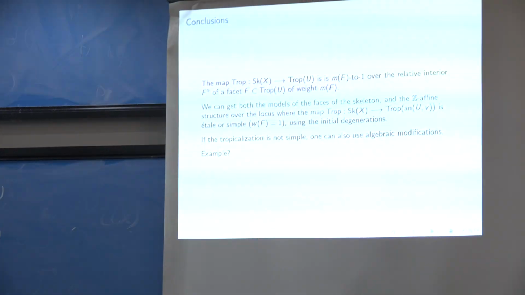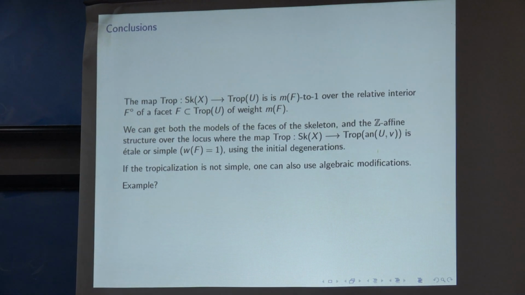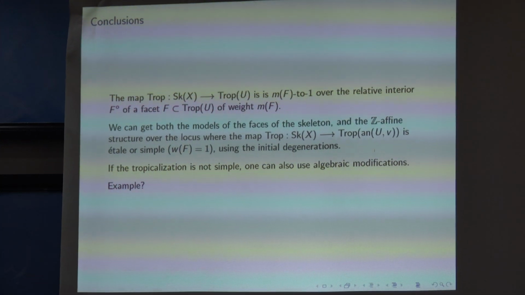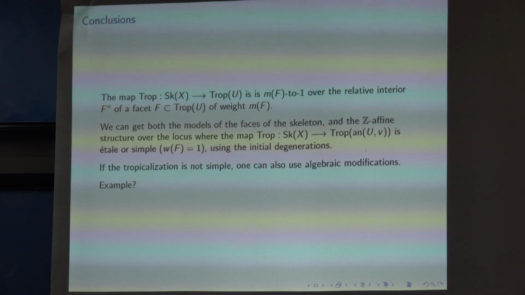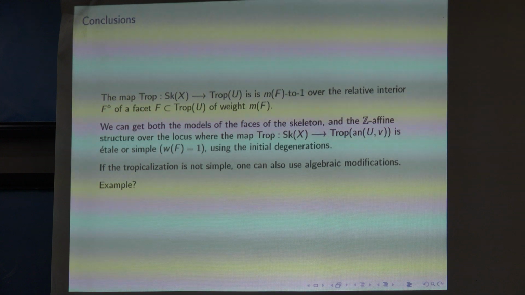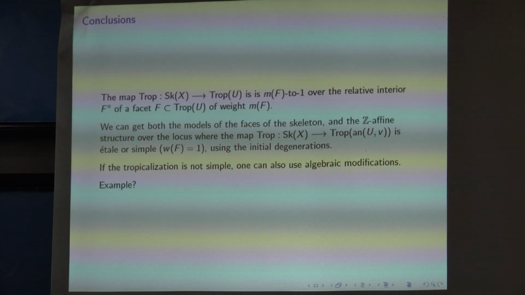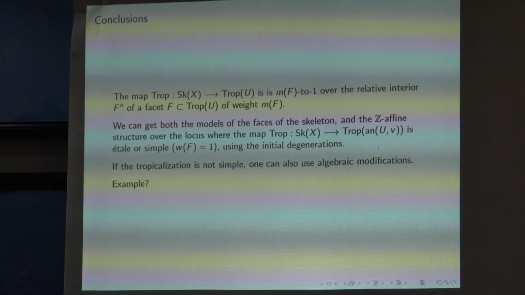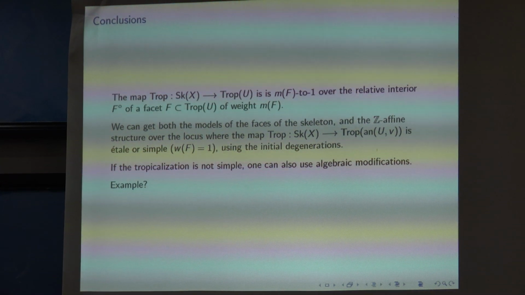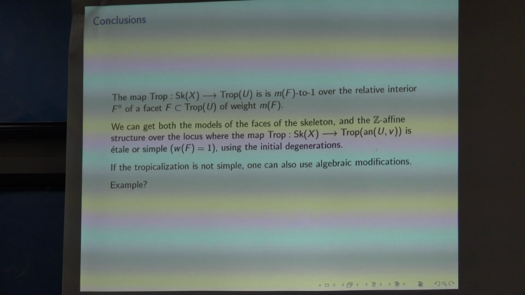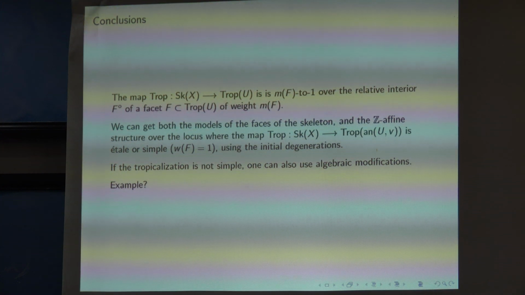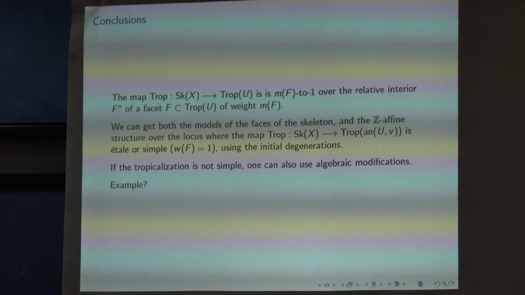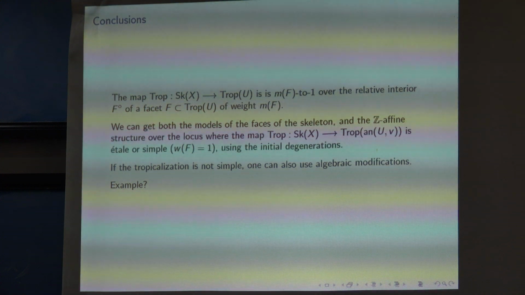And the final point is that you don't just get the topology or the combinatorics of this object as a ramified covering over this one. You can use initial ideals to compute models, and you can use the fact that you are working inside Rn to see the affine structure.